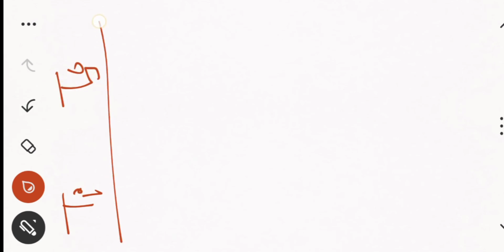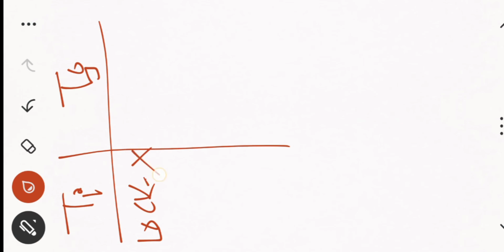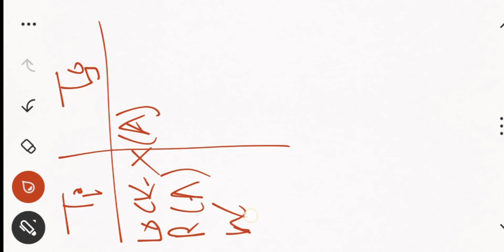Suppose I have transaction Ti and transaction Tj. This transaction Ti is holding a data item A. I am applying lock X on data item A, I am reading the data item A, I am writing the data item A, but I have not released the data item.